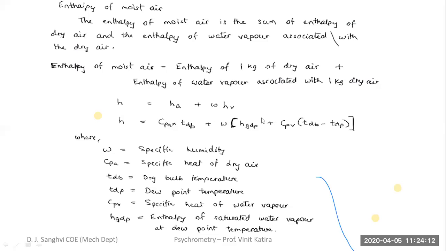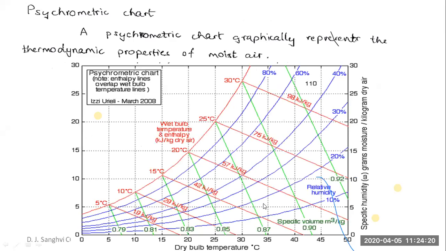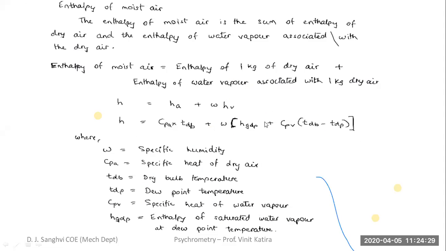This you need to find from your steam tables. Next is CPV. This is the specific heat of water vapor. Okay, and next is TDB, that is dry bulb temperature, minus TDP, that is dew point temperature.